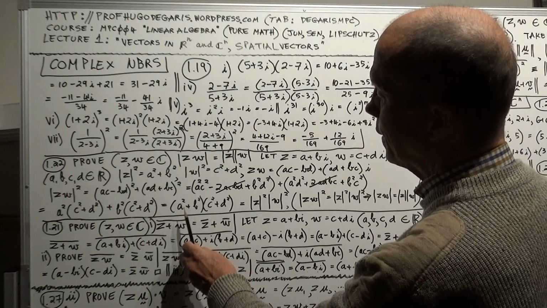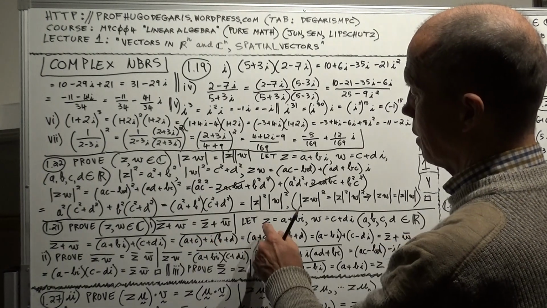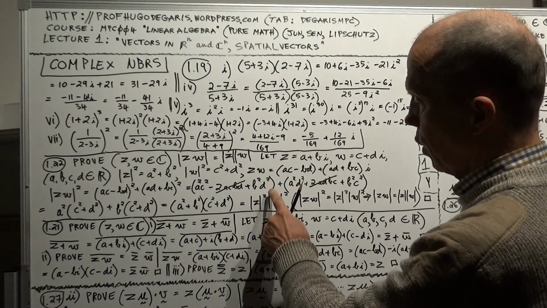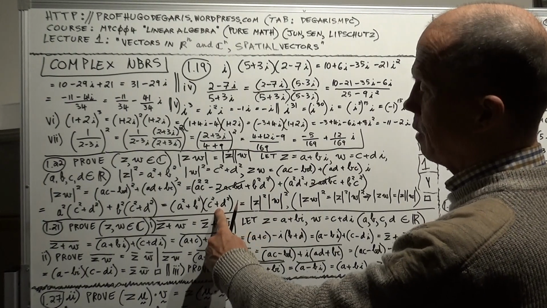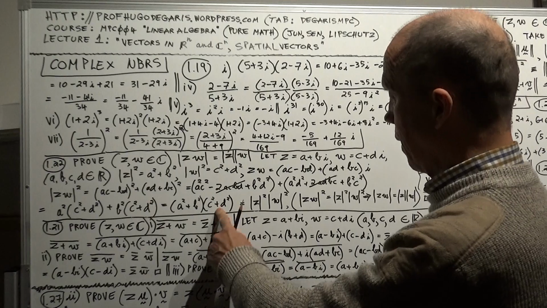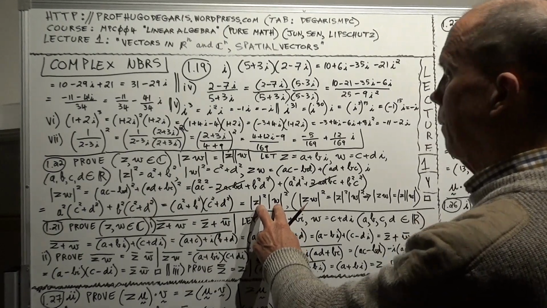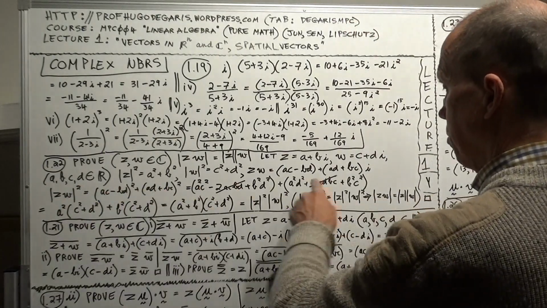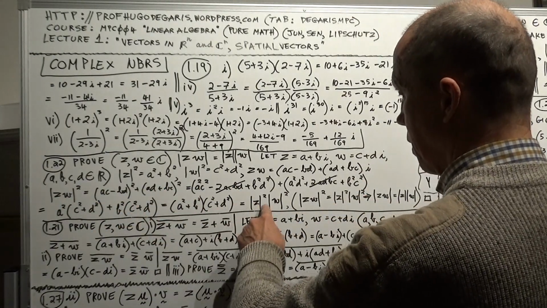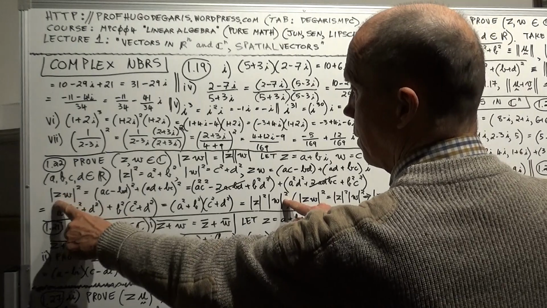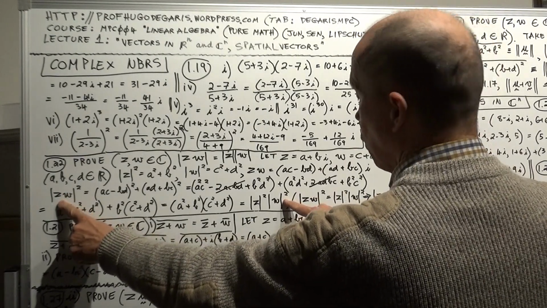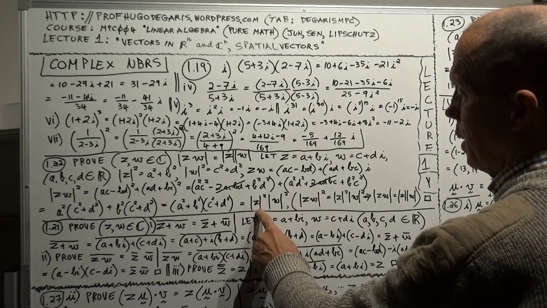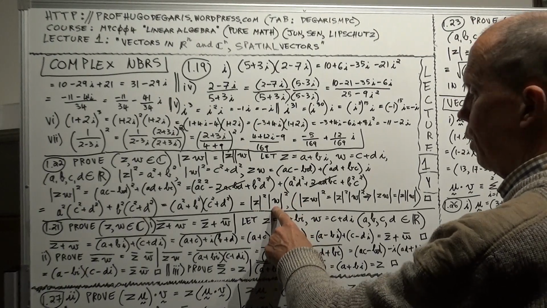Now, what is a squared plus b squared? It's just the mod of z squared. And similarly, this is the mod of w squared. So you've got it there. Go back to here: the mod of zw squared equals the square of the mod of z times the square of the mod of w.